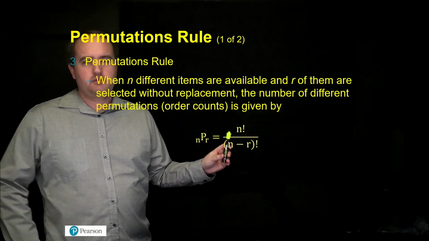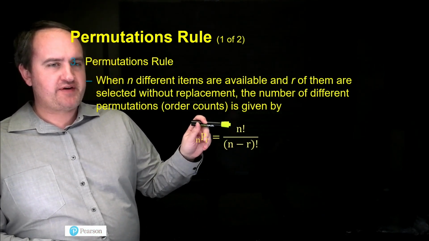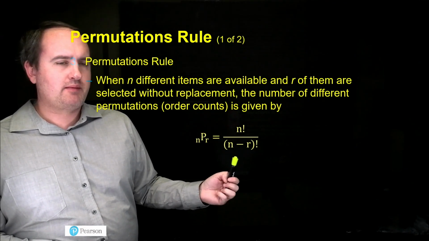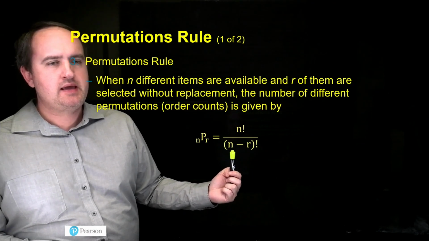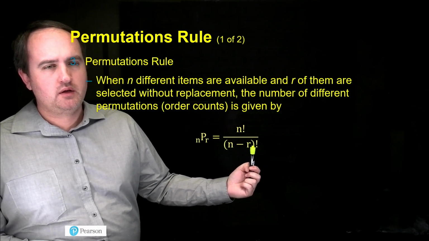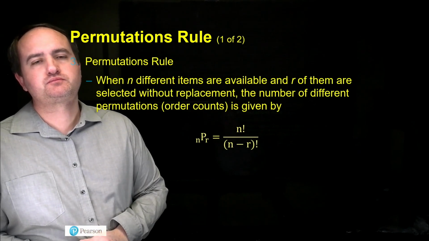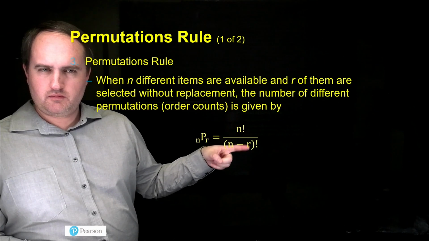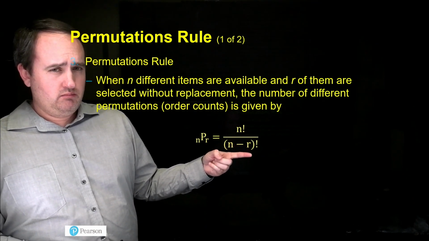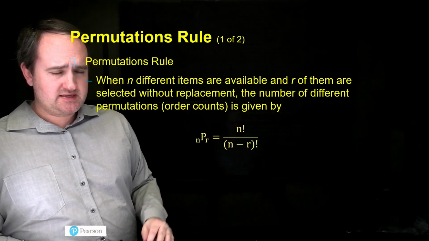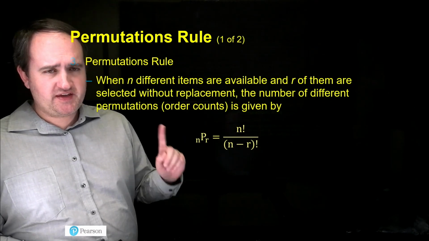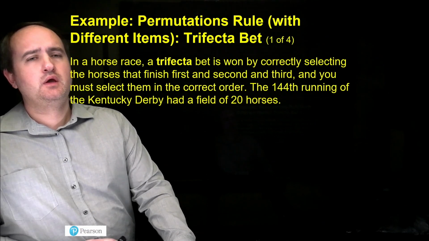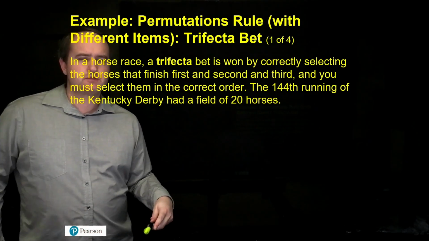Our numerator is n factorial, which we already know how to calculate, and our denominator is (n minus r) factorial. If you find this intimidating, we're going to break it down in an example. But that's the permutations rule, where order counts.